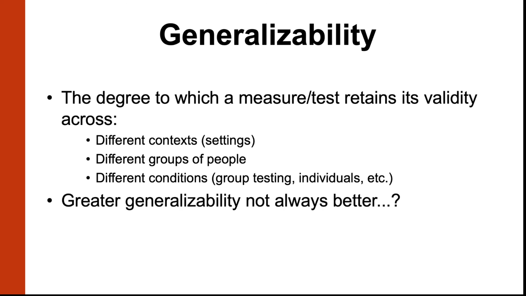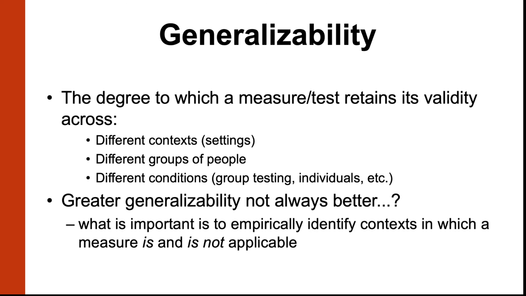And as I mentioned before, sometimes having greater generalizability is not the goal, particularly when you are looking to find differences that are related to age or culture or ethnicity, etc. What is important is to identify the contexts in which a specific measurement is and is not applicable across different groups, across different settings.